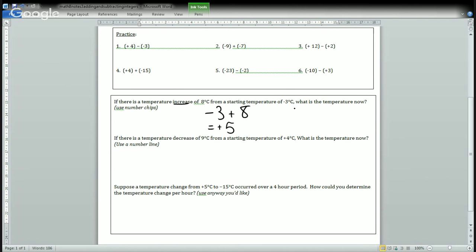And because it's a word problem, I would conclude with a statement that the temperature is positive 5 degrees Celsius. Left with my positive 5. Okay, so pause the video here, and then we'll get you started on the last page shortly.